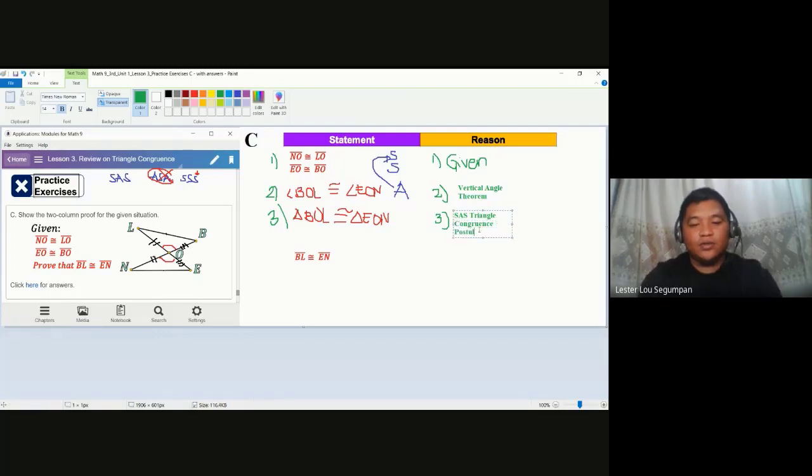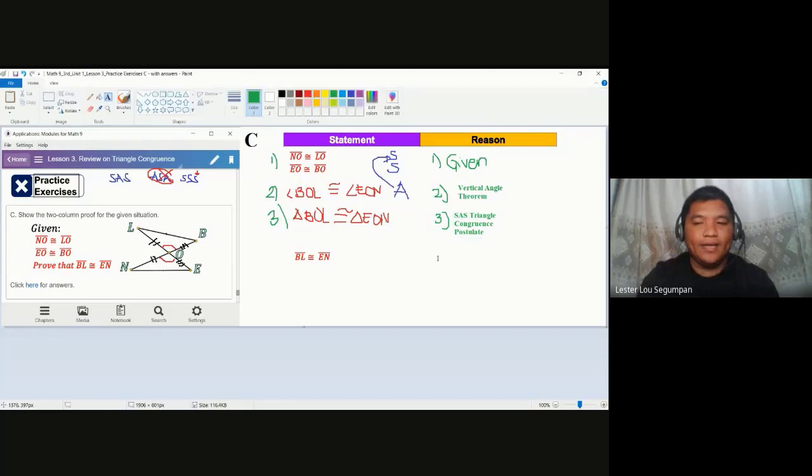congruence postulate. Now that we have established that the two triangles are congruent, we can show this as our last statement. Once we have proven that the two triangles are congruent, it follows that all corresponding parts are also congruent.